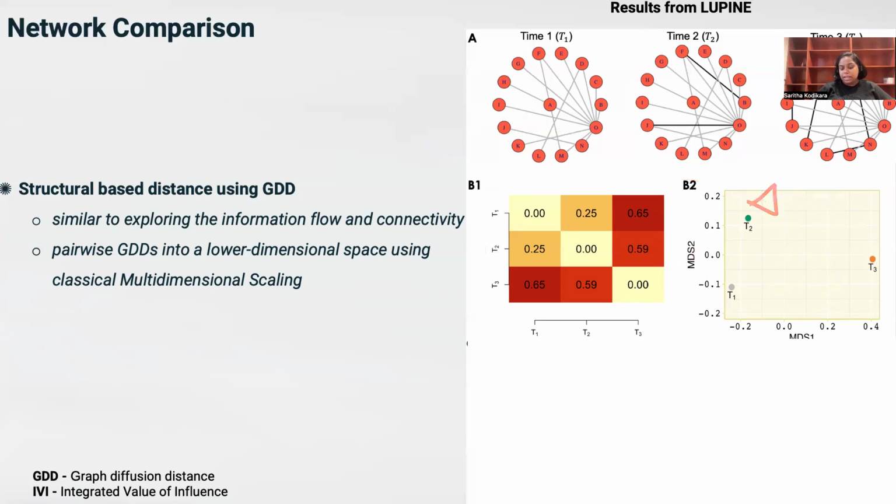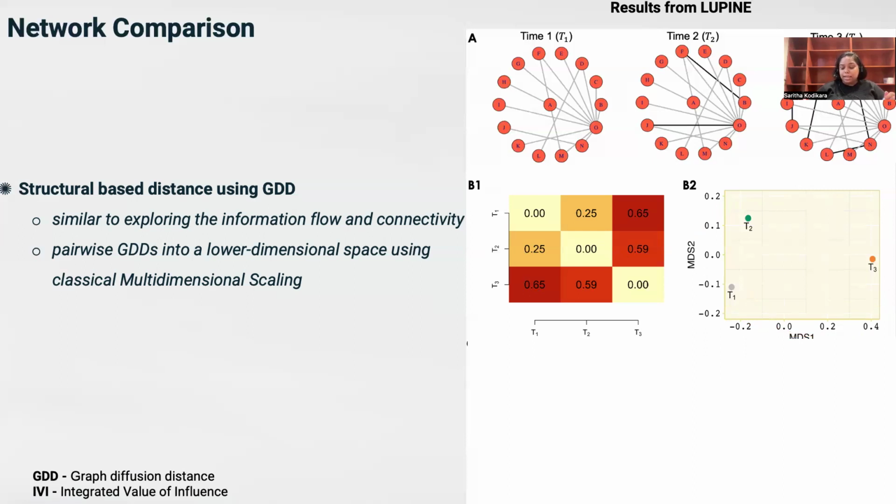These pairwise distances are projected into low dimensional distances, and you can see that T1 and T2 are much more similar compared to T3. If the networks are far apart in this plot, it means they're very dissimilar, and if they're close to each other, that means they are very close in the network itself.